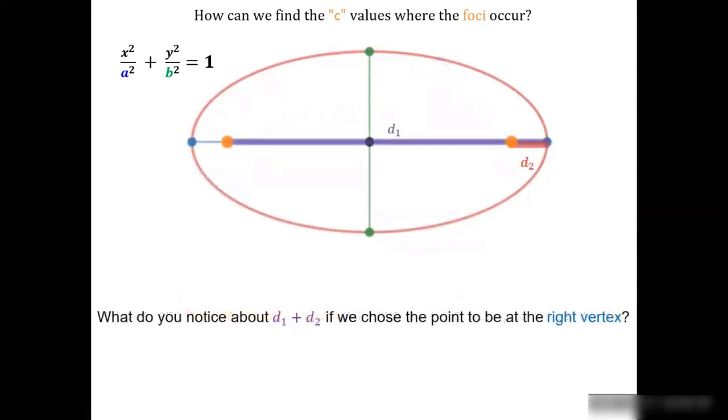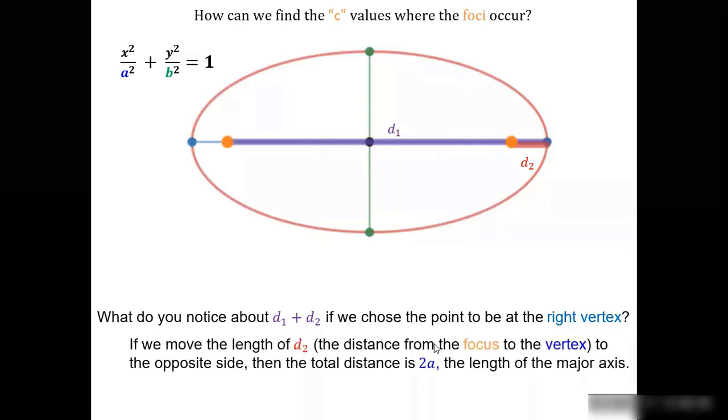So why don't we choose the point that's way over here at the right vertex? Let's see what we notice about D1 plus D2. Well, notice that D1 extends from this focus all the way to the vertex. And then when I go back to the other focus, the red length is referred to as D2.